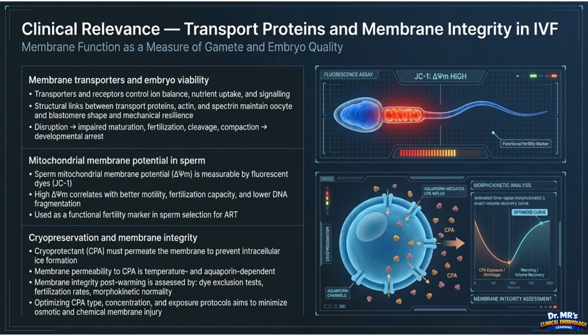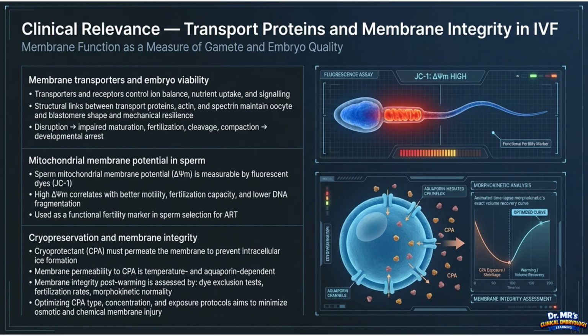Cryopreservation brings all of these membrane considerations together under maximum stress. For a cryoprotectant agent to protect against intracellular ice formation, it must permeate the cell membrane. It must cross the lipid bilayer and enter the cytoplasm before cooling begins.